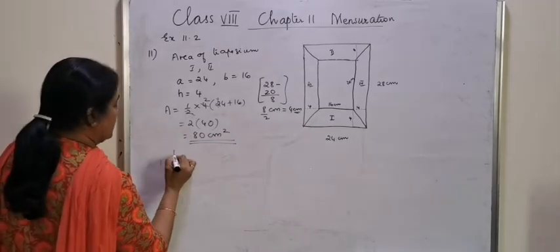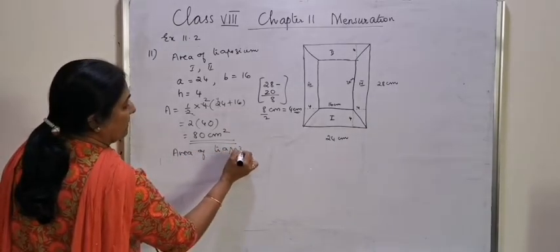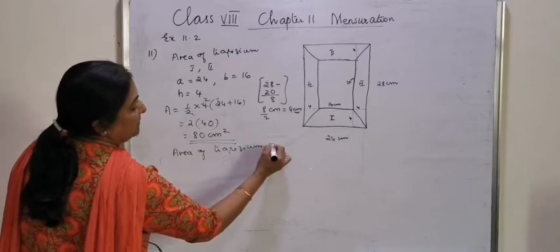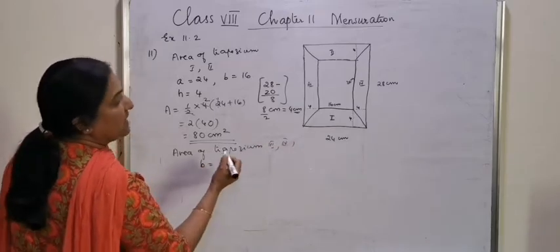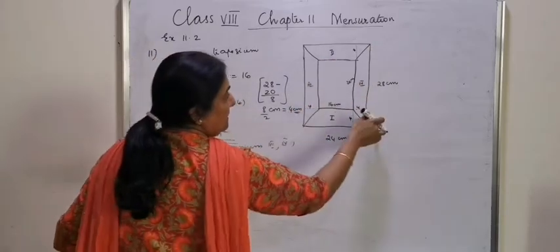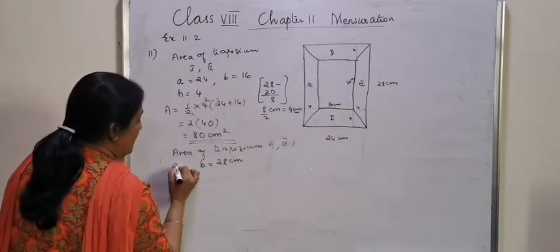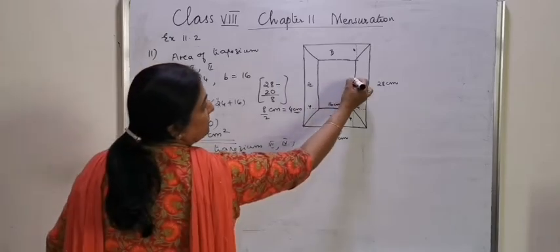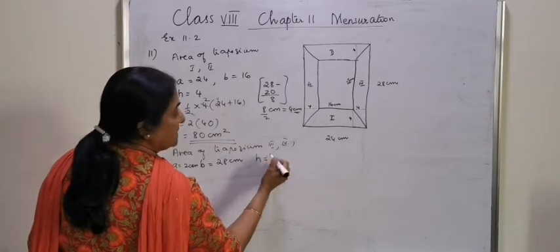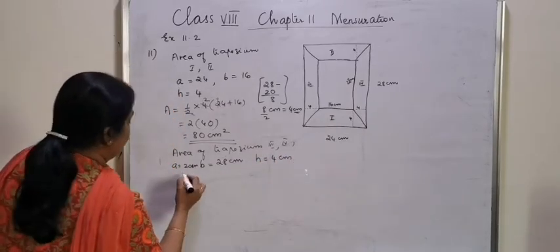Similarly, let's calculate the area of trapezium 3 and 4. Part of the base is 28 centimeter. A is 20 centimeter. And height, the same concept of 4 centimeter.